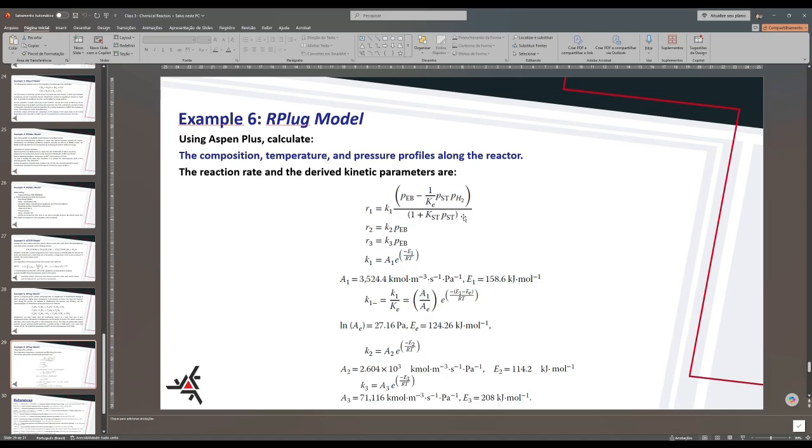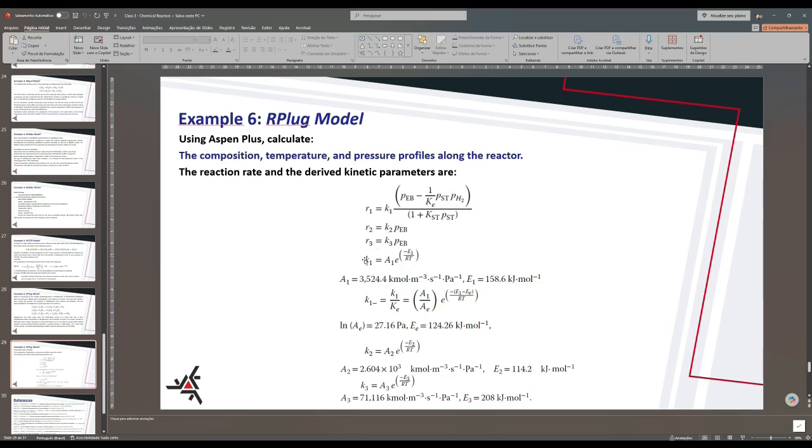We are going to use another model specific for including this adsorption term, the Langmuir-Hinshelwood-Watson model, the LHHW model. Here we have our two direct power law models for reactions 2 and 3.